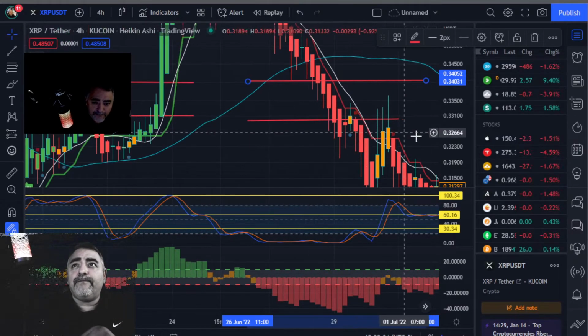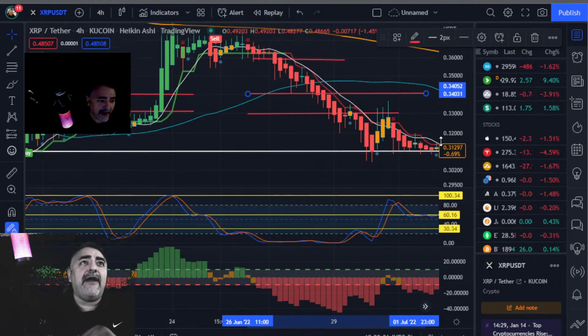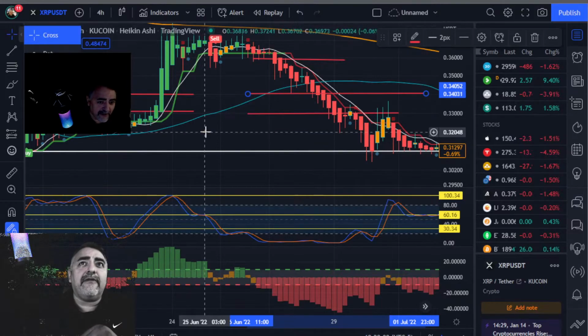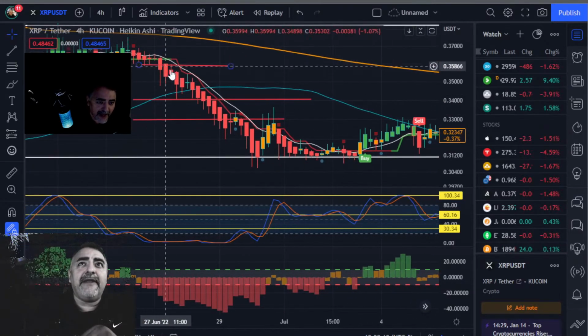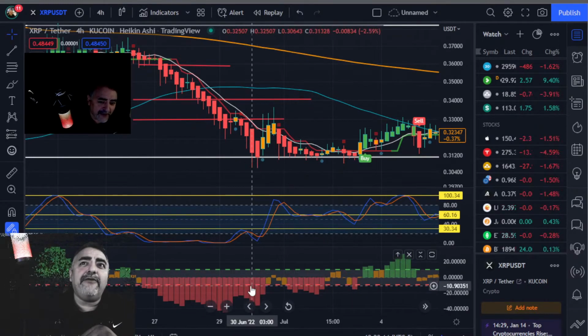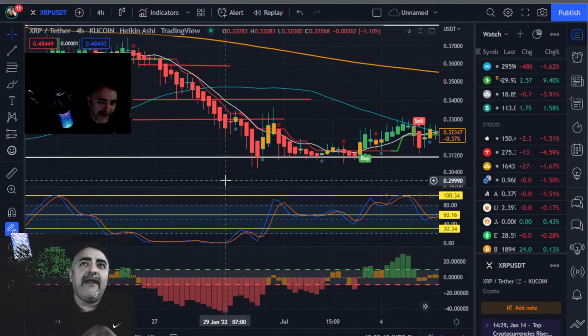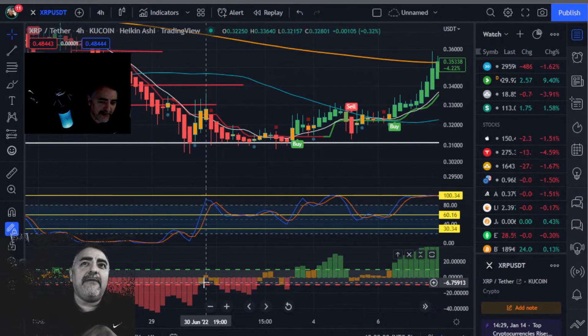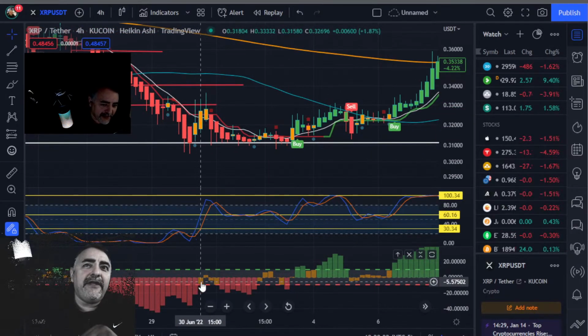So now we start to ride this out, right? And this is how you use your indicators. As you're coming down, all you're doing is waiting for your volume indicator to swap and become green. You come down, you get a little bit of yellow.